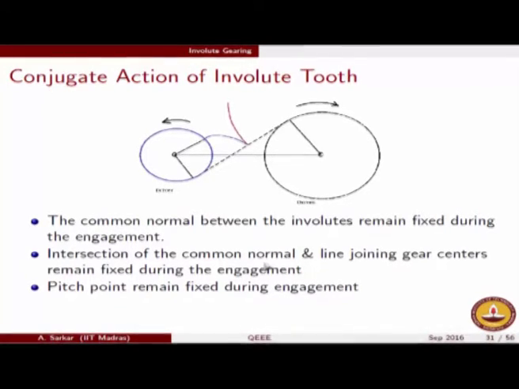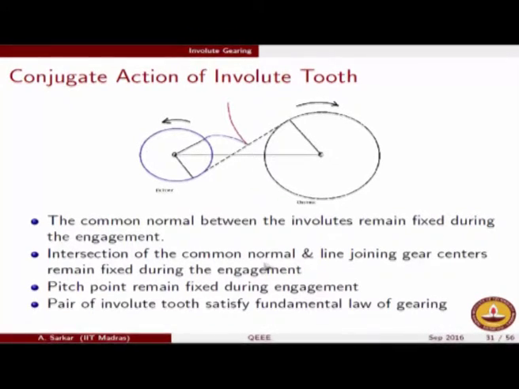The only thing which can possibly change during the engagement is the common normal, but we have seen that by construction involutes are such that the common normal is always the internal tangent between the two pulleys which generate these two involute profiles, and therefore at least for involute tooth profiles we are sure that the common normal is fixed, which makes us believe that the point of intersection does not change during engagement, but by definition that point of intersection is the pitch point, and therefore the pair of involute teeth will satisfy the fundamental law of gearing.